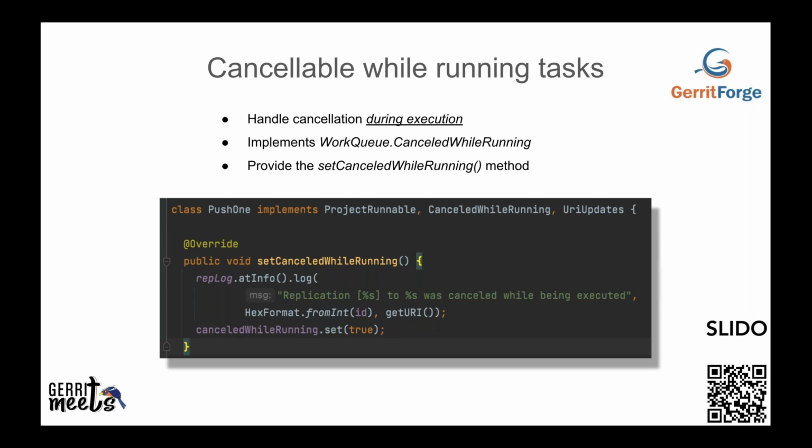If you have a git receive pack, a push that is pushing your code to some replica, and you decide to kill that task, it is going to fail, and because it's going to fail, the push replication is going to retry, and that's exactly what you don't want, right? You just killed it. You don't want another retry of that. So you can actually embed a logic here that will prevent that task from being re-executed.